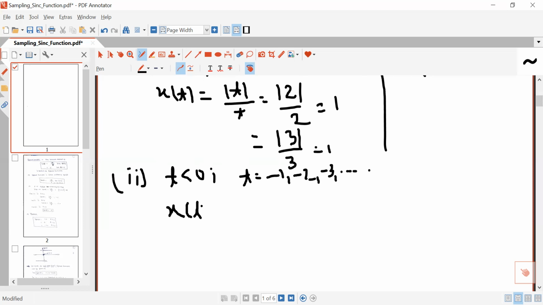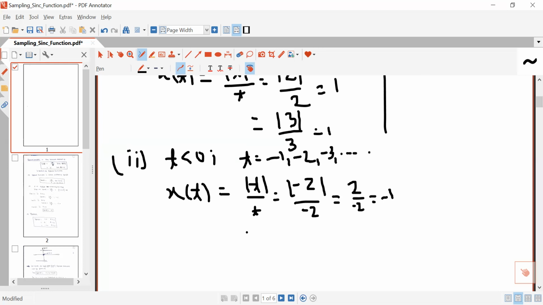In this case, x(t) will be mod of t divided by t. For example, if t is minus 2, then you get mod of minus 2 by minus 2, and mod of minus 2 will be 2, divided by minus 2, you will get minus 1.